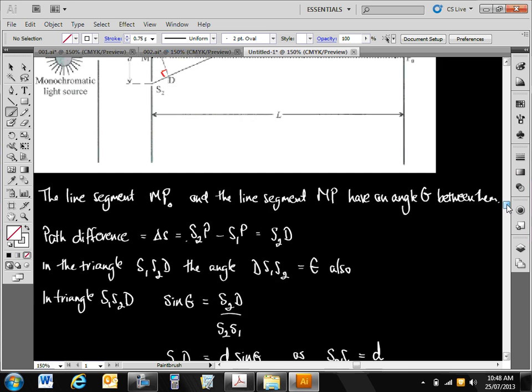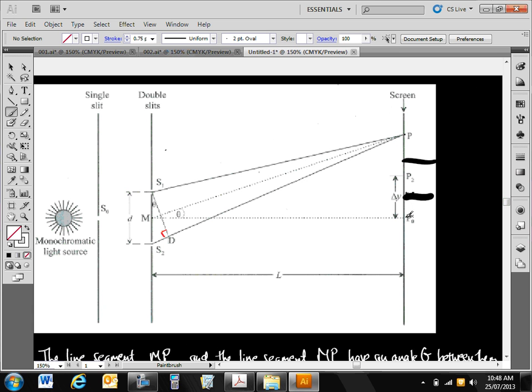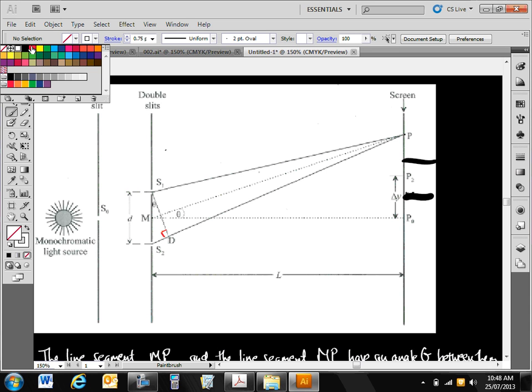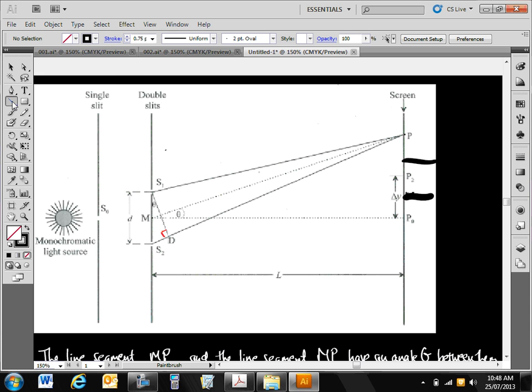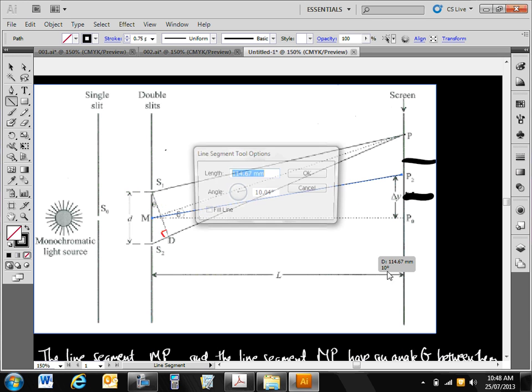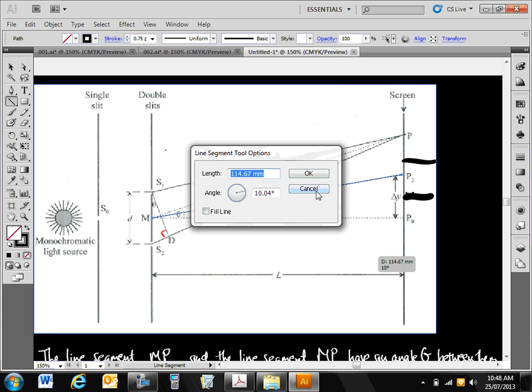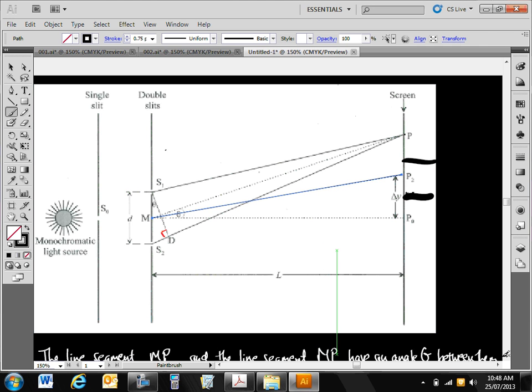P0 M P2. Okay, so I'll draw another line in there.